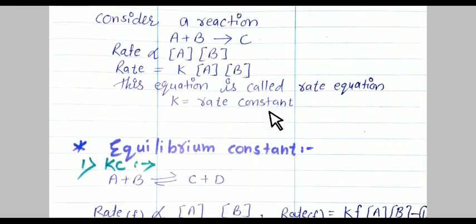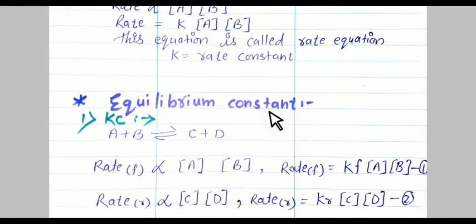Now the next topic in this chapter is equilibrium constant. Students, always remember there are two equilibrium constants. One is Kc. Now what do you mean by Kc? As you all are aware, the K is nothing but a proportionality constant.